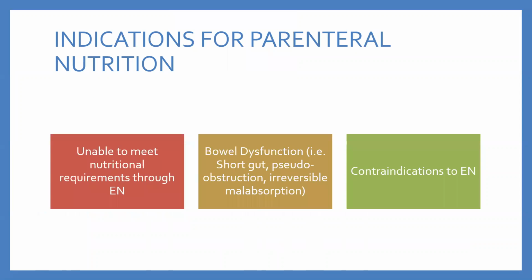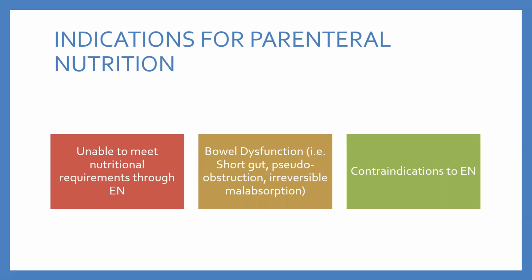So what are some of the indications of using parenteral nutrition? Obviously, if the patient is not able to take an oral diet and/or enteral feeds, the gastrointestinal tract does not function properly, like in malabsorption, or the intestinal tract cannot be accessed, like if there's an obstruction.